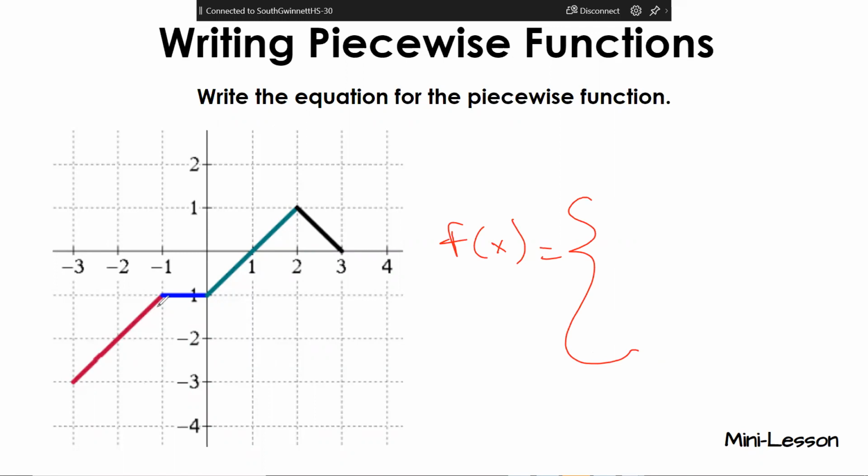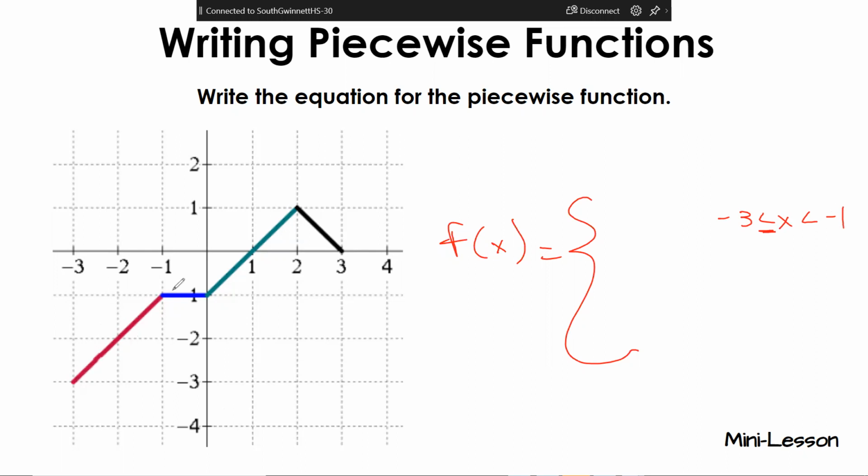And where is our domain restriction? Well, it goes from -3 to -1. So we're going to list that out: -3 to -1. On the left-hand side, we're going to put a line underneath because it does look like it's filled in. They didn't really clarify it on this one, but that's okay.